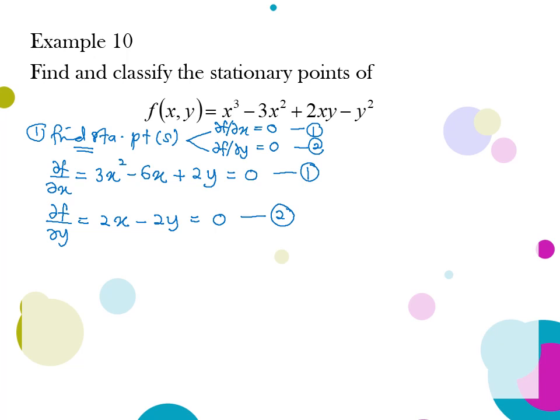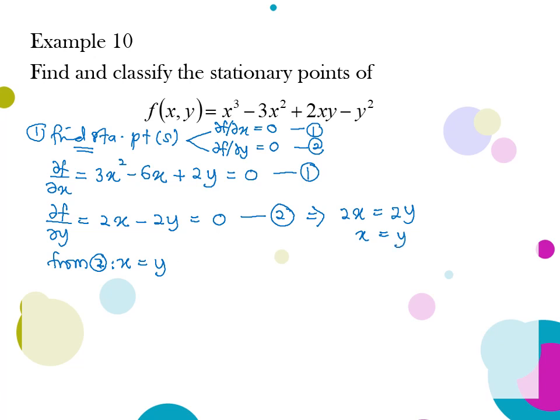You need to solve these equations simultaneously to get the point. Here from 2, to be easy, let us solve for x. So you have x equal to y, because from here 2x equal to 2y, thus x equal to y.